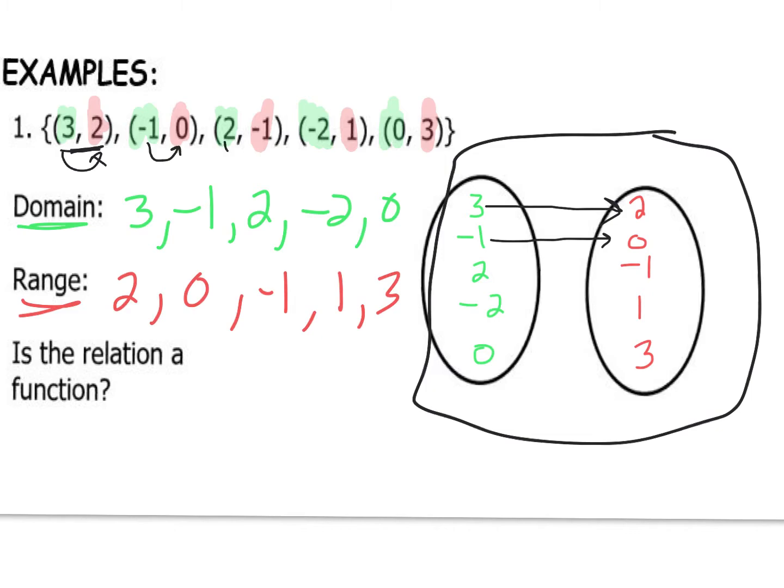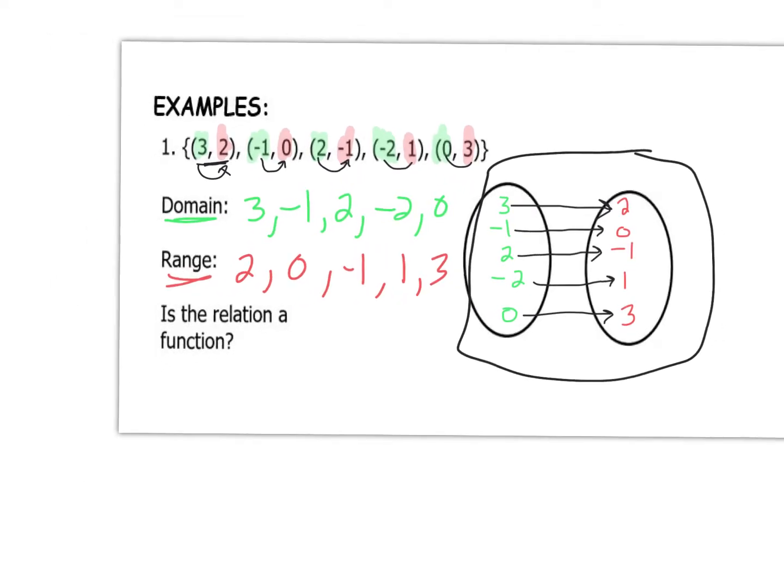We have 2 to -1. We have -2 to 1. And we have 0 to 3. So that's what our mapping would look like for this demonstration.